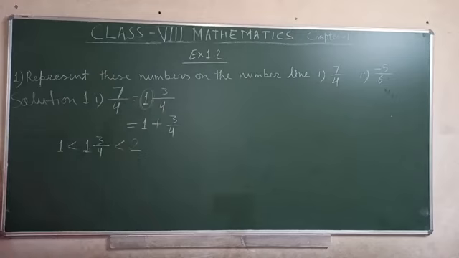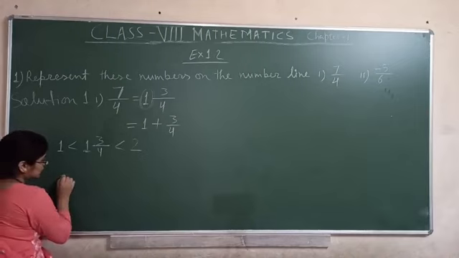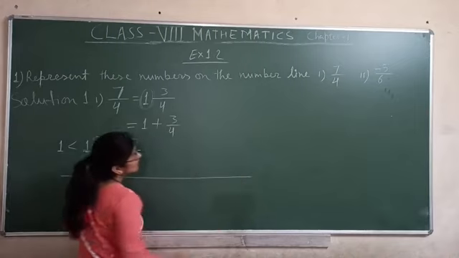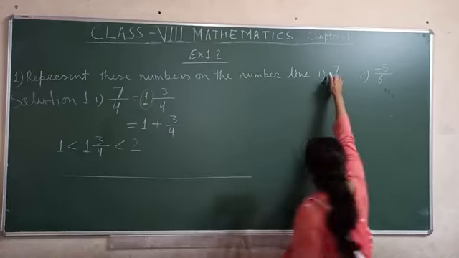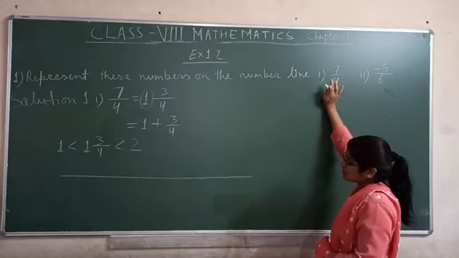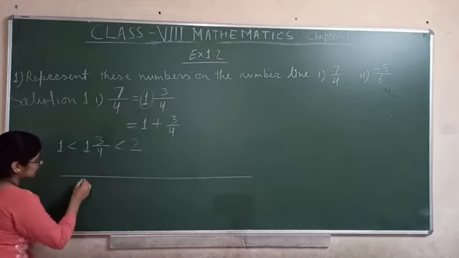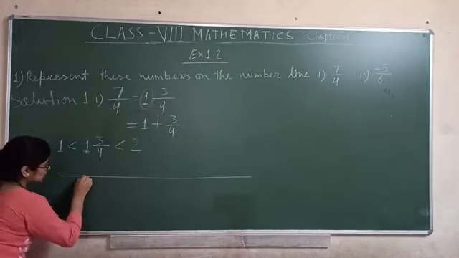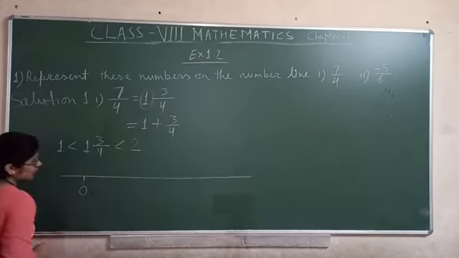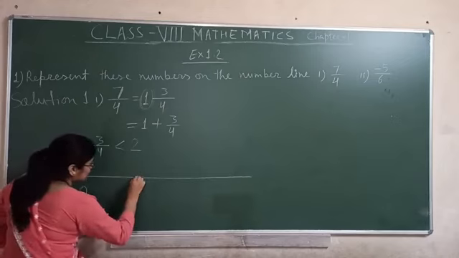Now we will draw number line for this one. So let's start drawing number line. There is no sign here. It means this one is a positive number. So we will write 0 here.